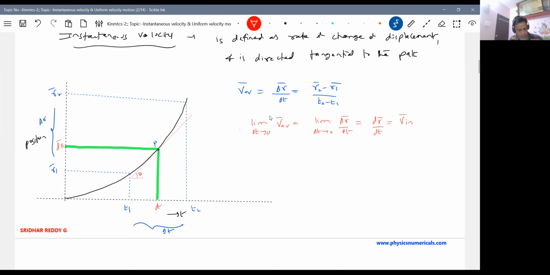The slope of the tangent drawn in the r-t graph at any instant gives the velocity at that instant, or the instantaneous velocity.